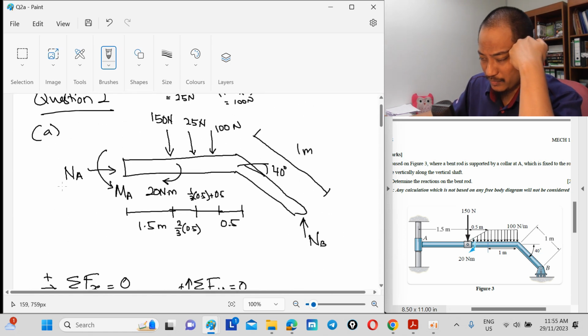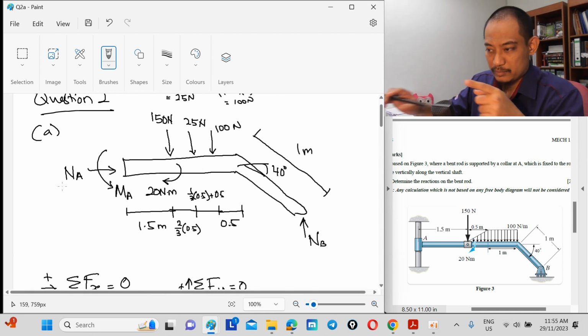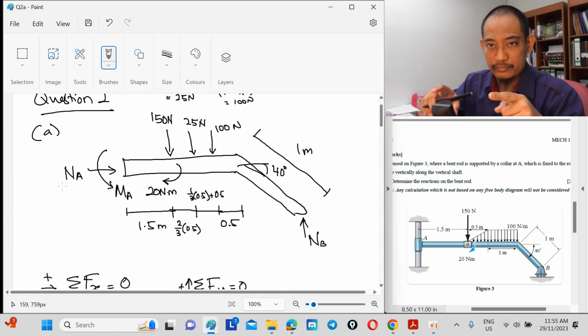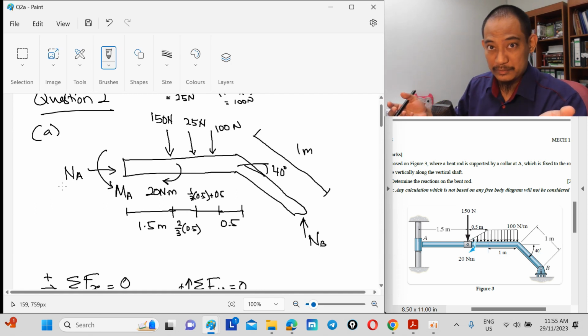That's the thing, when we draw the free body diagram, I noticed when I looked at it, but in my calculation I only focused on my free body diagram. So if we already make a mistake in our free body diagram, when we calculate, we are referring to that mistake, right?